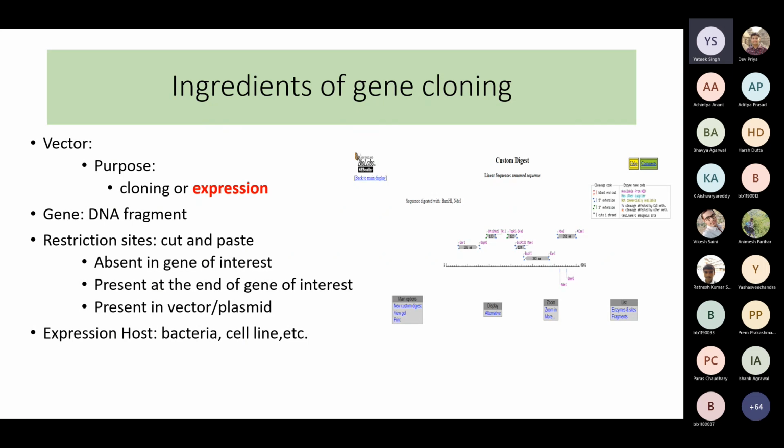A cloning vector is a vector in which there is no promoter. There is a gene which is cloned there, and we need to save our gene, so we clone it in a cloning vector. And the expression vector is where we need to see the actual expression of our protein. There is a particular promoter which is activated at induction, and it gives the expression of the protein.